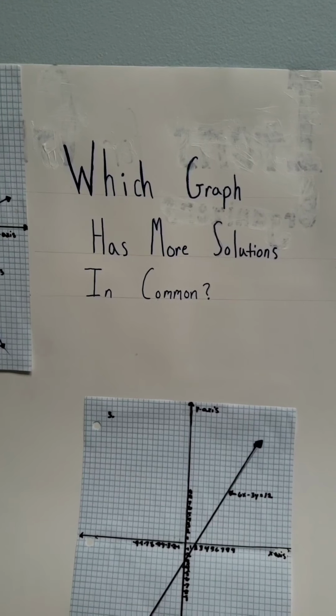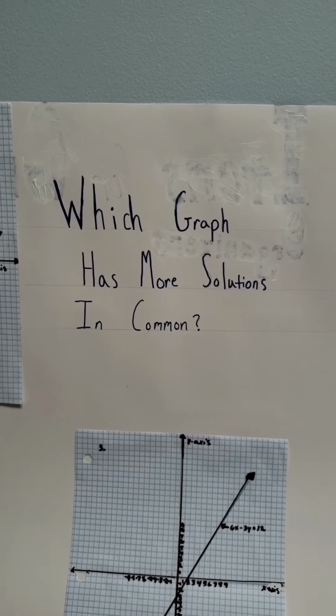Once we've done that, you'll notice as we continue that isolating variables is very important. So now I would like to move on to another question, which is, which graph has more solutions in common?